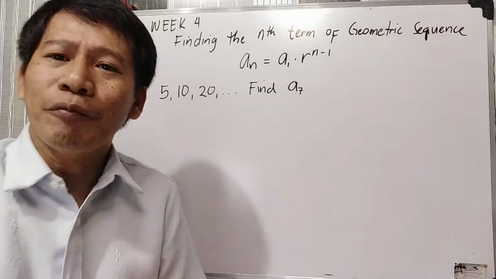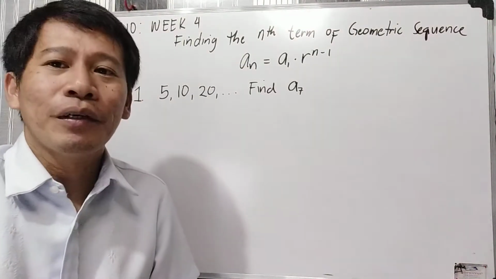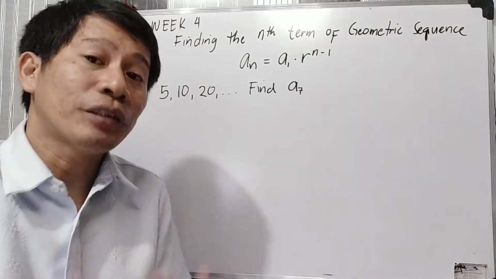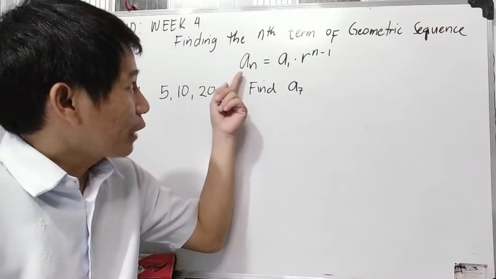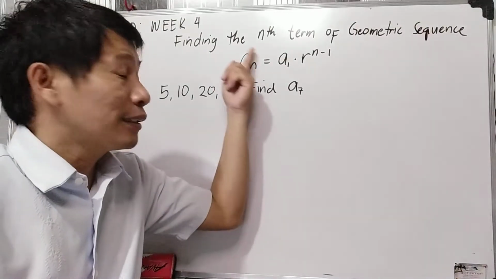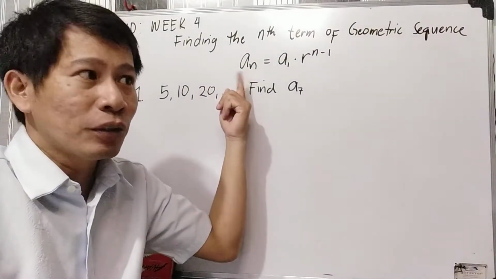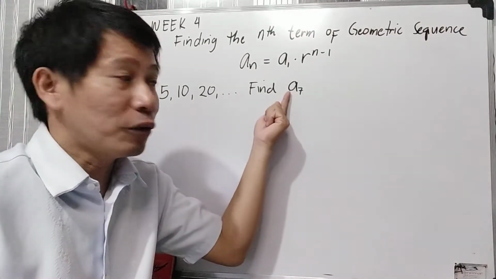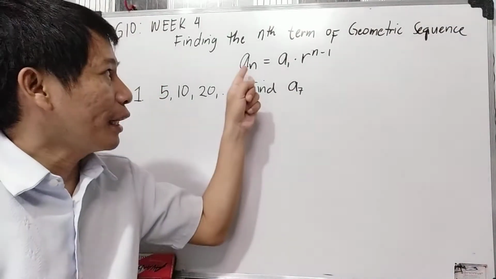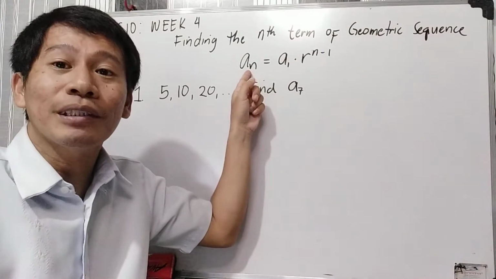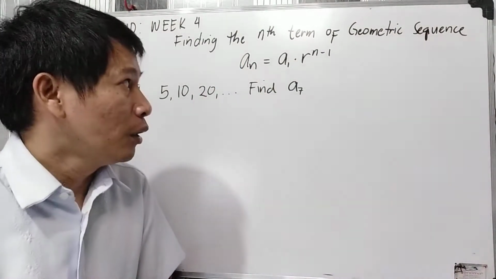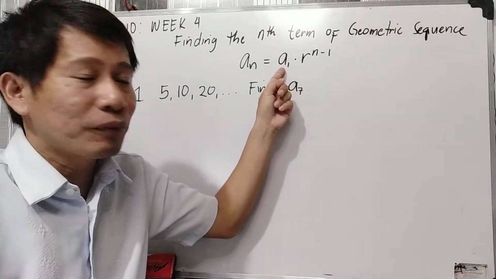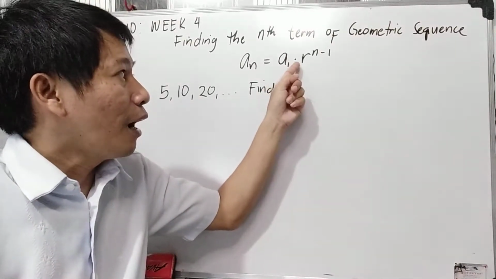Now, in order for us to use the formula, what values do we need? As you will observe in the formula, we have here a sub n, which is the nth term. So for example, if we're going to find the 7th term, or a sub 7, then our n is 7. That is the number of terms. And then here we have the first term, a sub 1, times r.